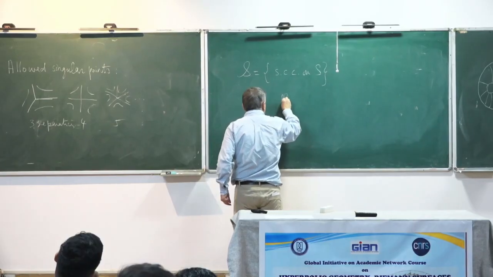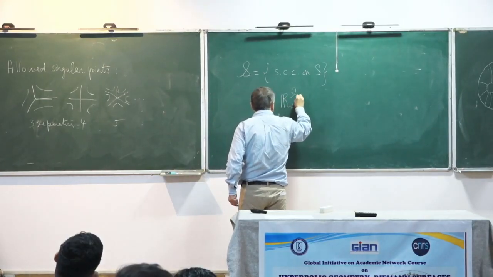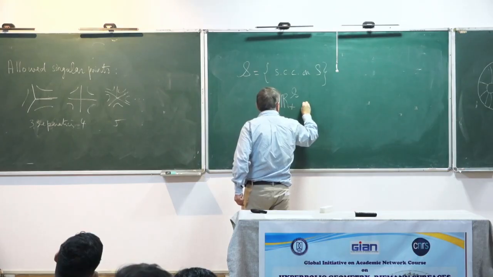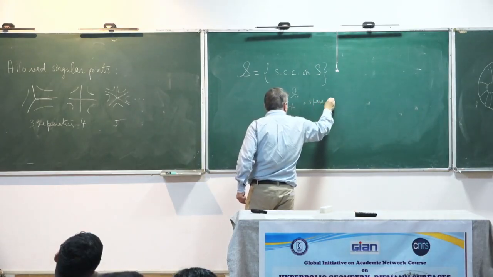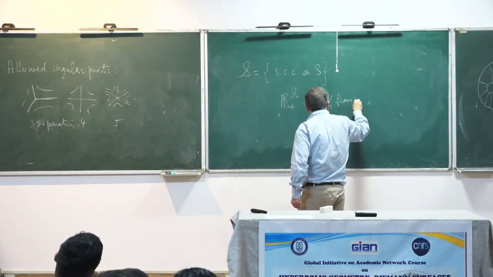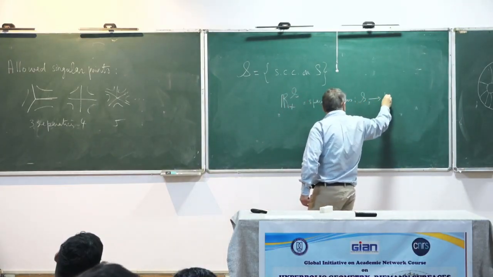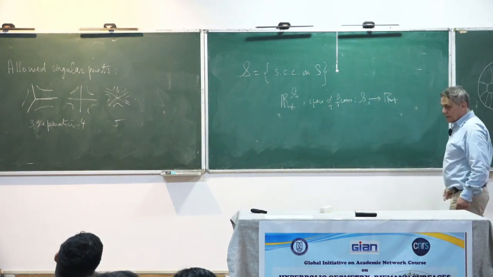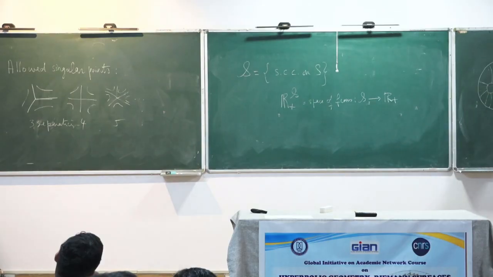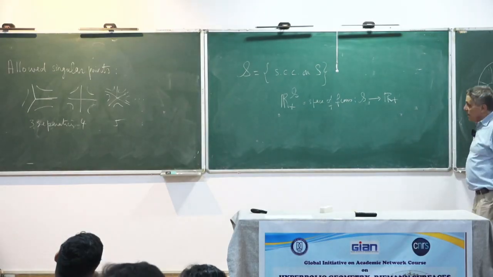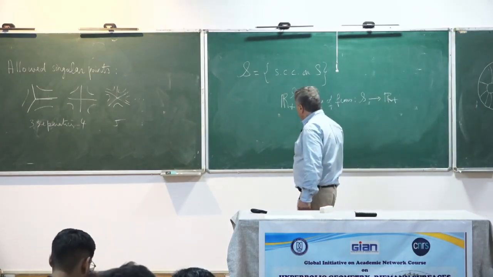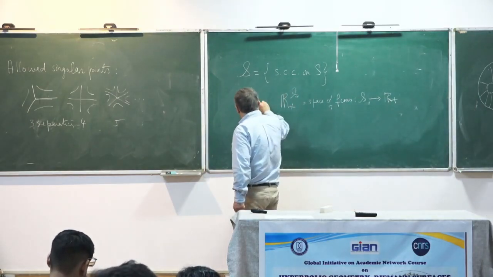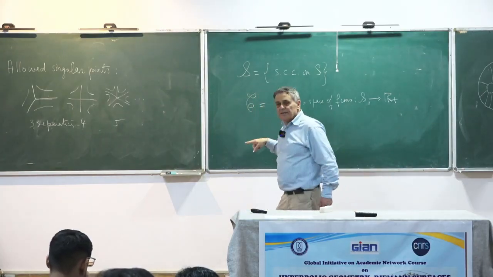I have this space of positive functions, space of functions from S to the positive numbers. I'm using Thurston's notation. So I say that Teichmüller space is a subset of this space.